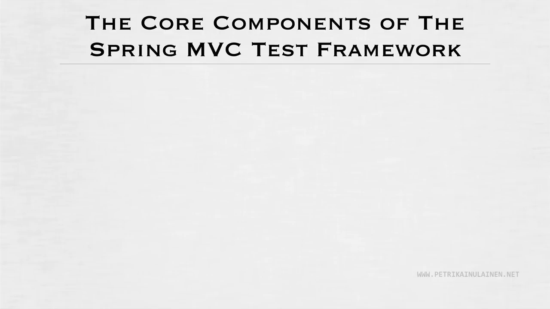We send a request which is processed by the tested controller method. 2. We verify that we received the expected response. The Spring MVC test framework has a few core classes which we can use for implementing these steps in our tests. These classes are described in the following.